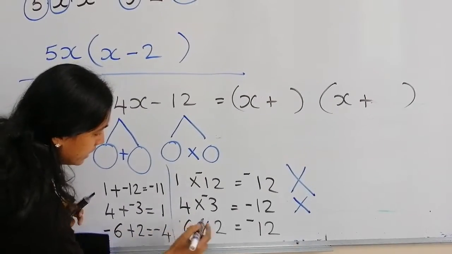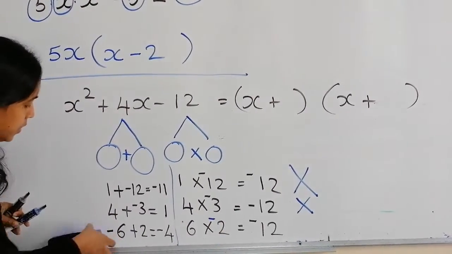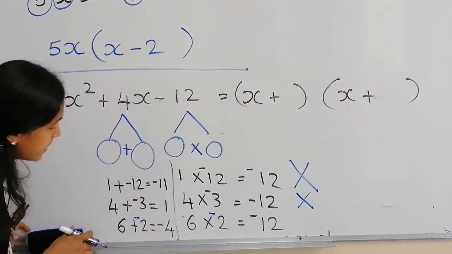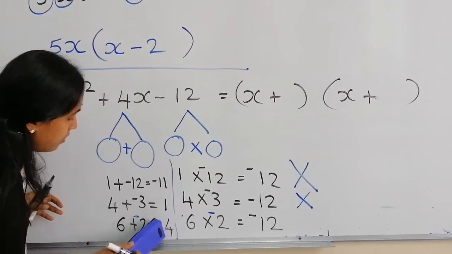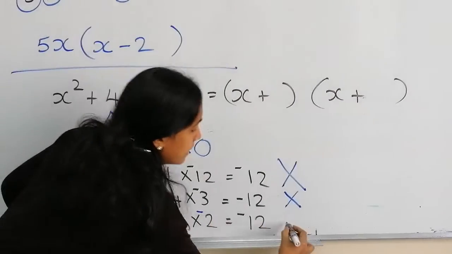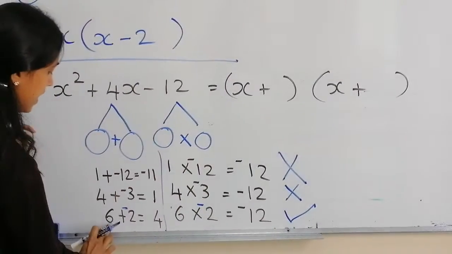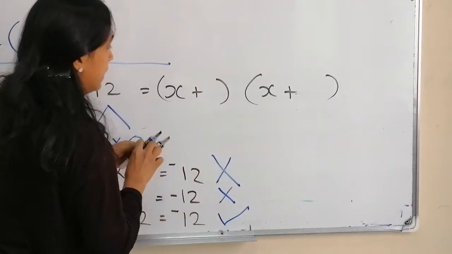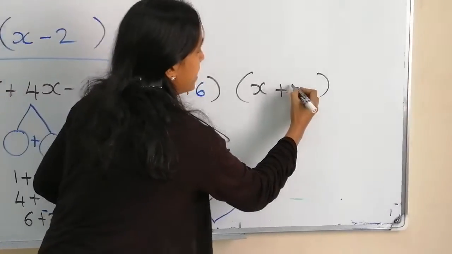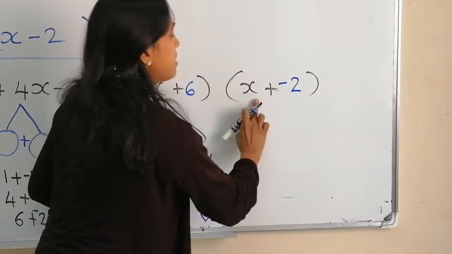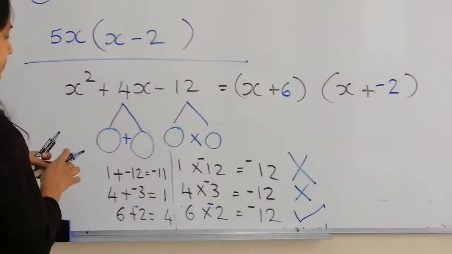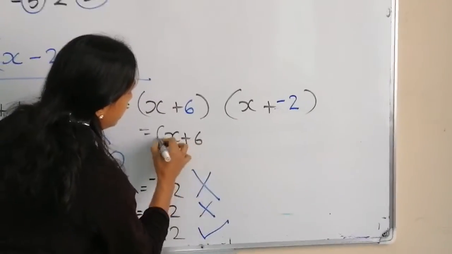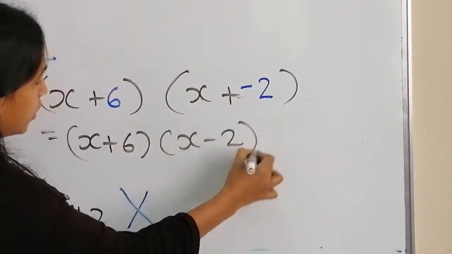Here 6 and negative 2, 6 plus negative 2, the answer is positive 4. That means the numbers are 6 and negative 2. So x plus 6 and x plus negative 2, that means x minus 2. The factors are x plus 6 and x minus 2.